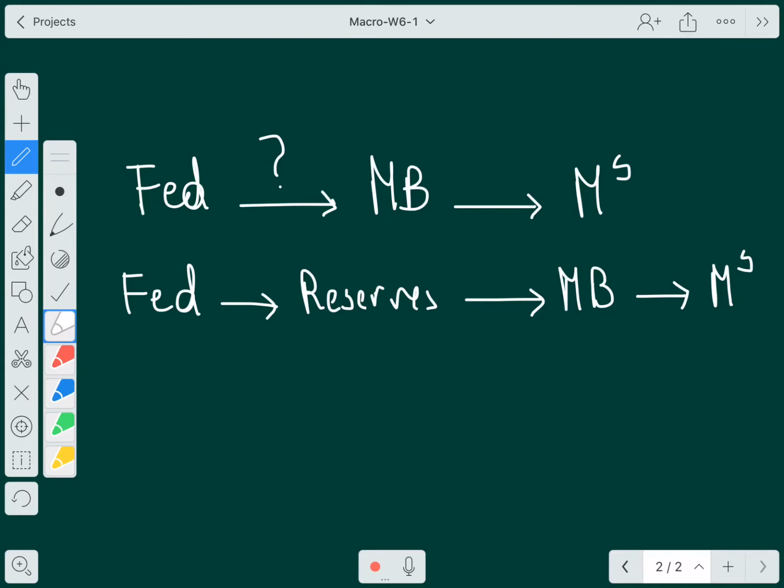So our important link that we're looking into is Fed to money supply.